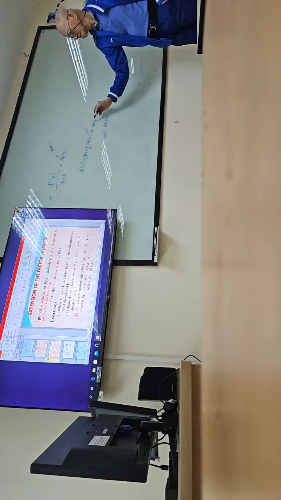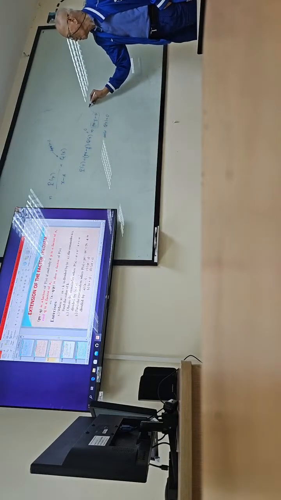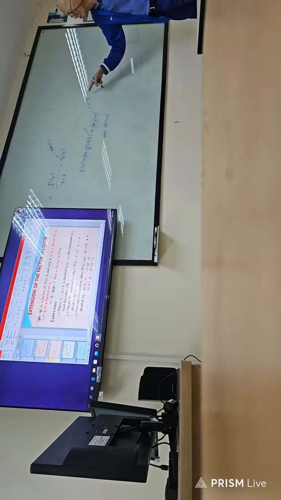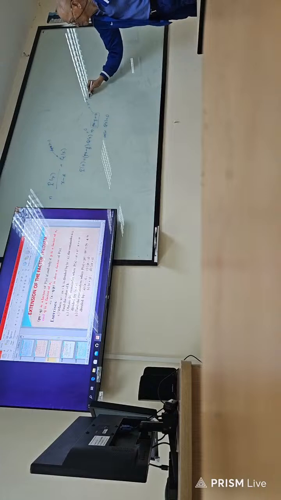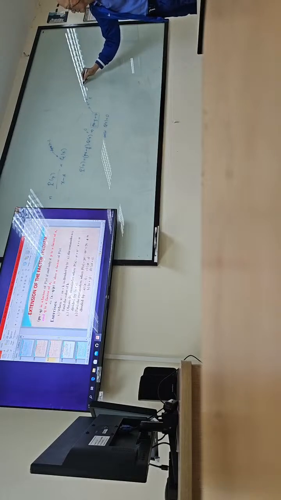All right, now from this equation you can solve for x. x here would be equal to q over p, or x minus q over p equals 0.